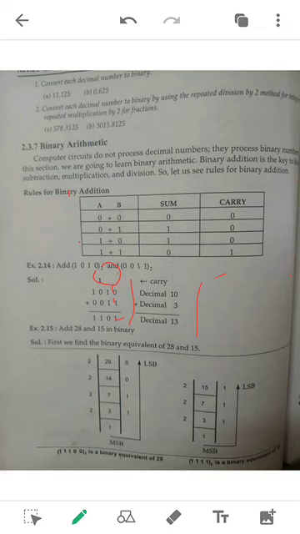If you add 0 and 1, you get the sum 1. Then 1 and 0, you get the sum 1 and carry 0.